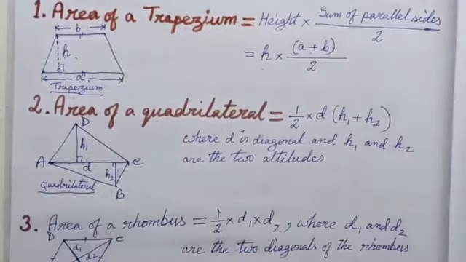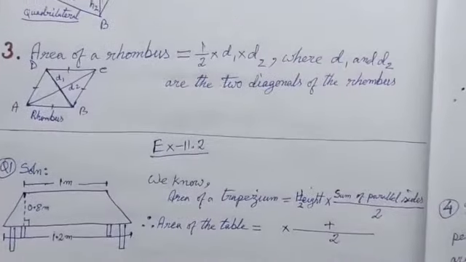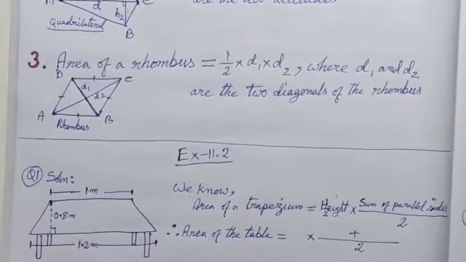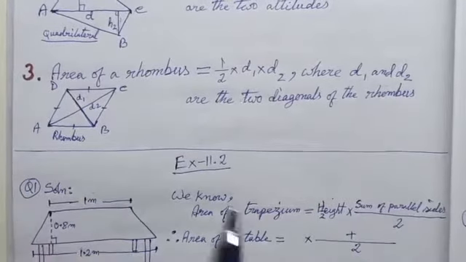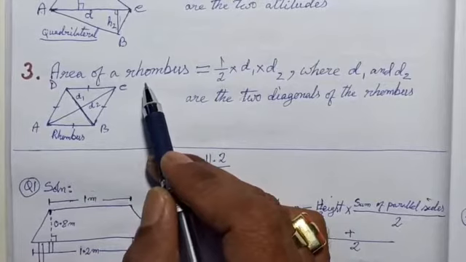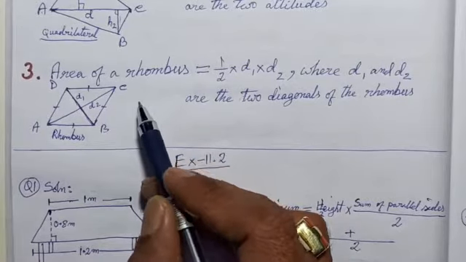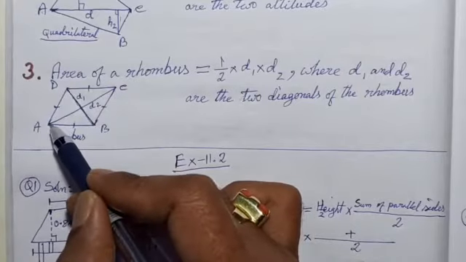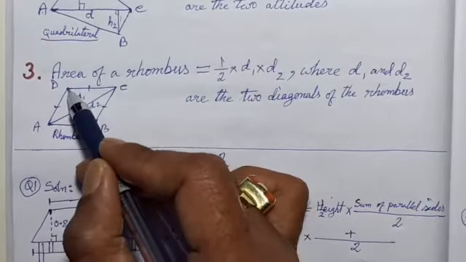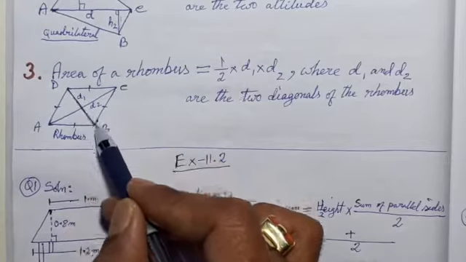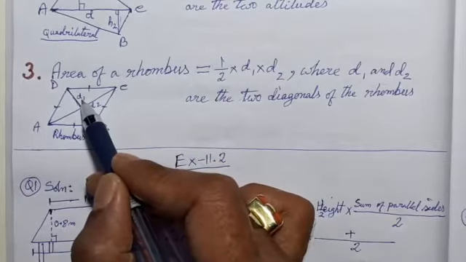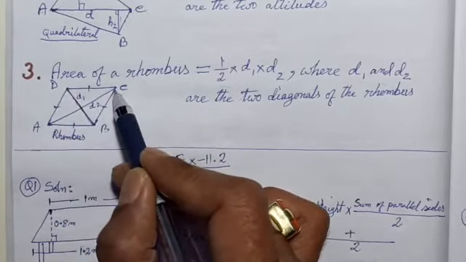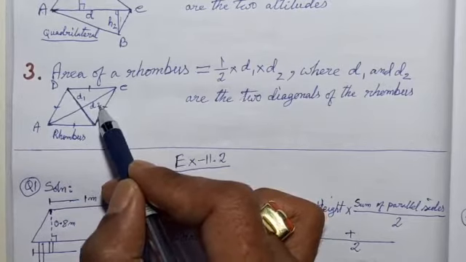Now formula number 3. Area of a rhombus. In a rhombus, all 4 sides are equal in length. So this side and this side and this side and this side are equal in length, and these are also diagonals. This diagonal is represented by d1, diagonal 1, and this diagonal is represented by d2, diagonal 2.